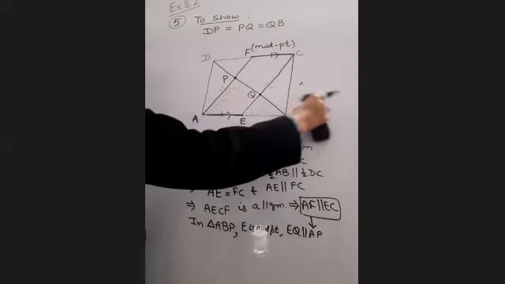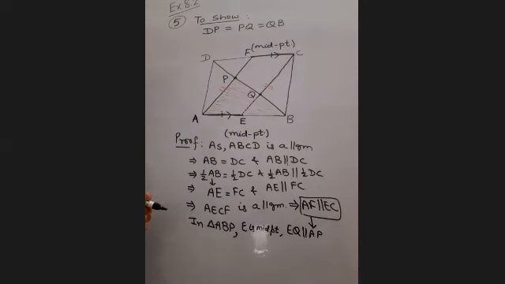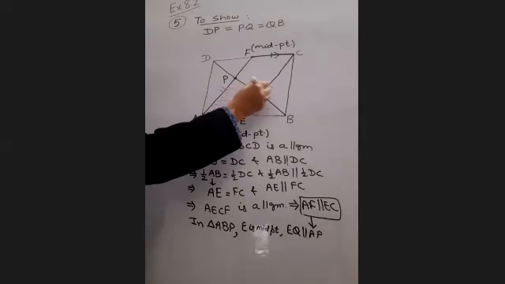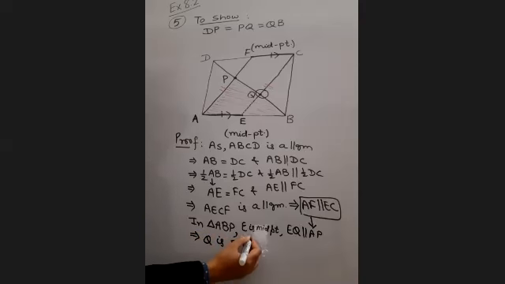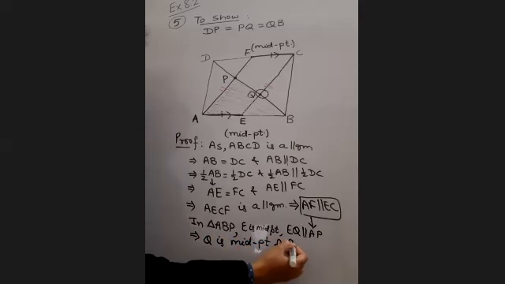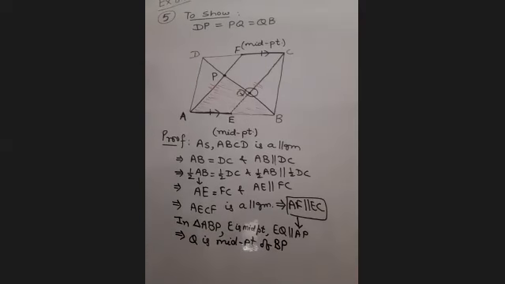So in triangle ABP, E is the midpoint, EQ is parallel to AP. Does it mean that Q is also a midpoint of PB? Yes, ma'am. So this gives me Q is the midpoint of BP, using the converse of the midpoint theorem. Now if Q is the midpoint of BP, does it mean that PQ is equal to QB? Yes, ma'am. So this is our first point.